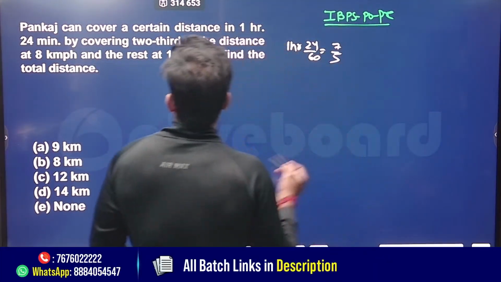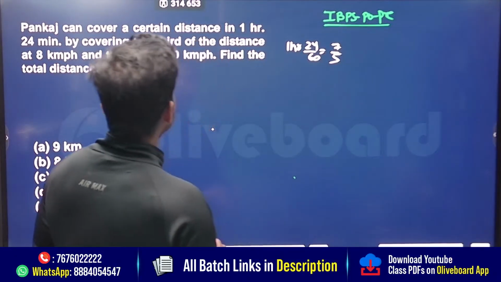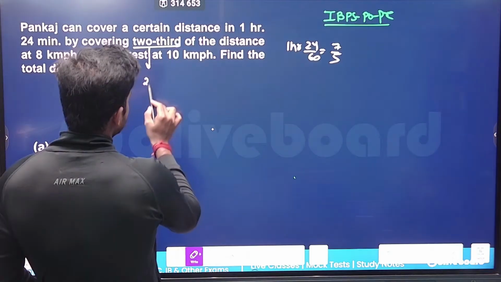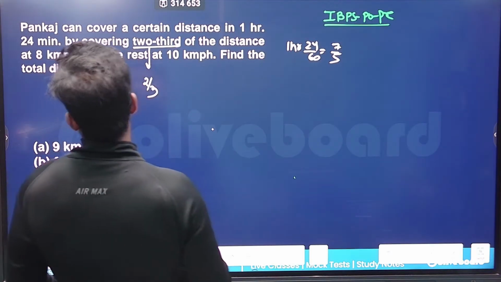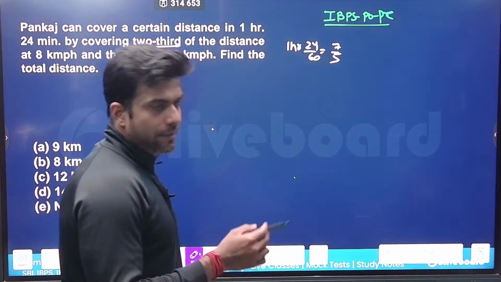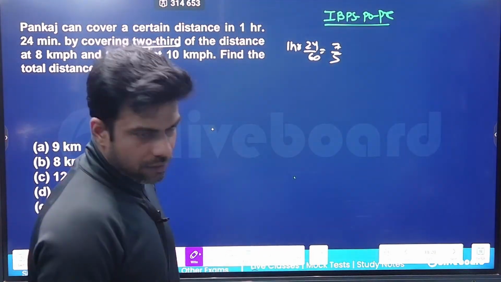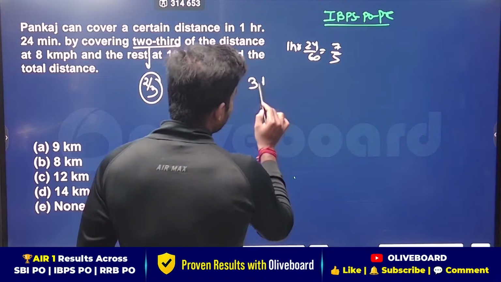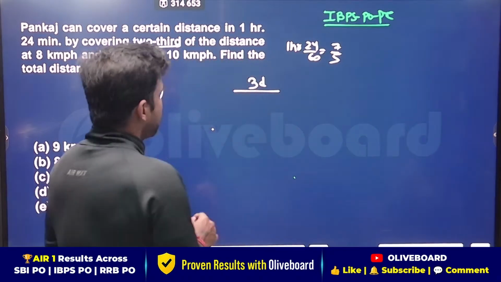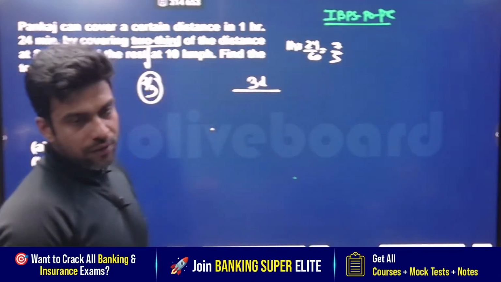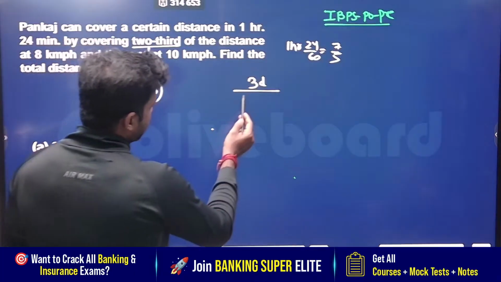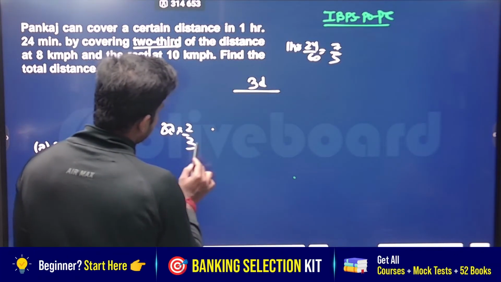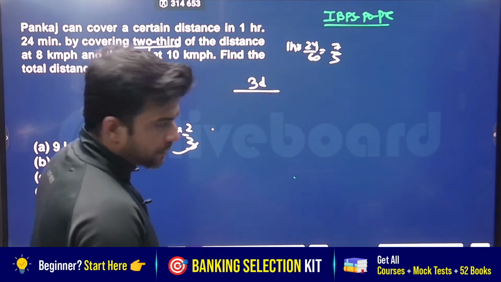Okay. Now see, by covering 2 by 3rd, this is 2/3. Again, remember this is my crack point, 2/3 of the distance at 8 km and the rest, 1 minus 2/3. So can I assume my total distance would be 3d? Why have I assumed 3d? Because 2/3 of 3d will give me the integer value, which would be 2d.